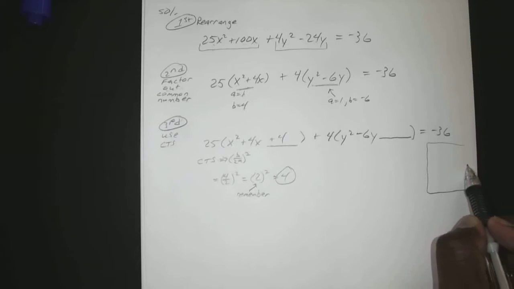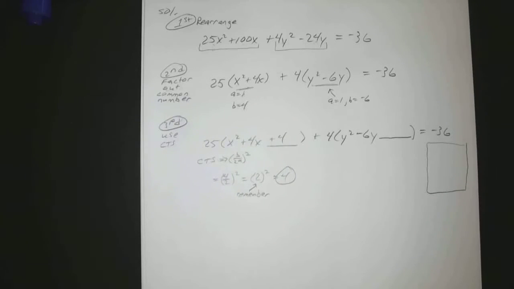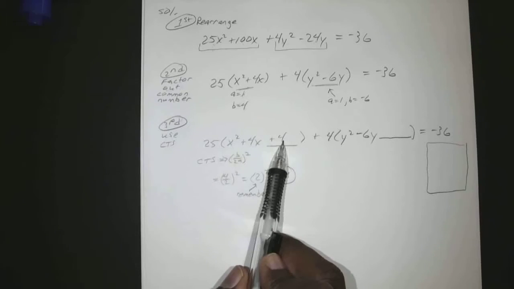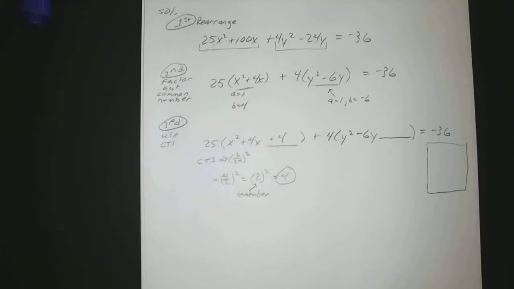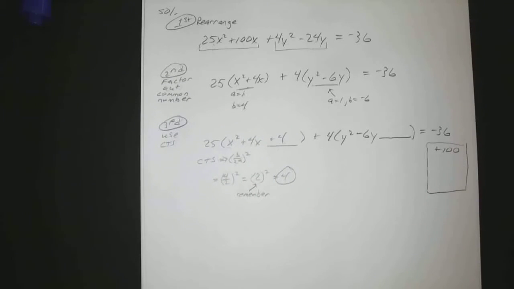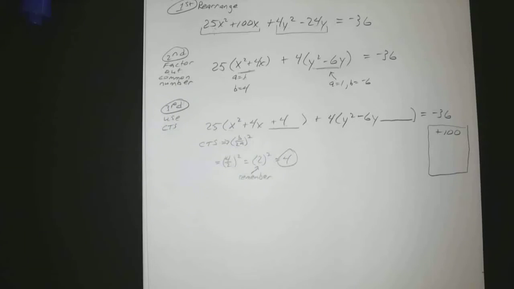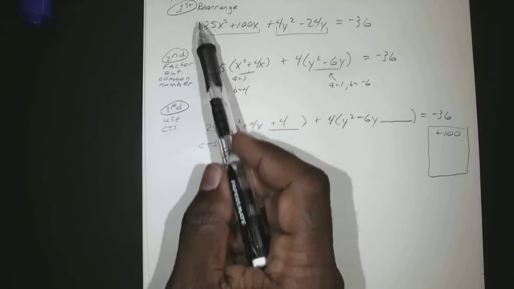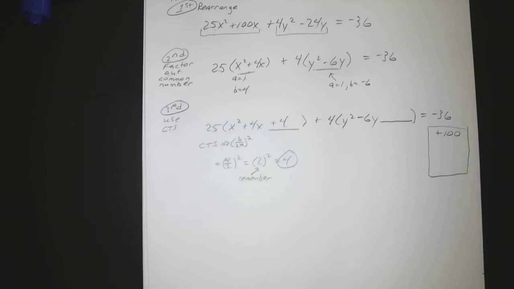But you're actually going to add something to that side, but it's not going to be 4. Because here, if you look at it, if you have 25 times 4, you technically added 100. So since you added 100 here, you have to add 100 here. Now, you wouldn't have to worry about that if you didn't have to factor out that 25. If you had just x squared plus 4x without that 25 up there, you wouldn't have to worry about it.